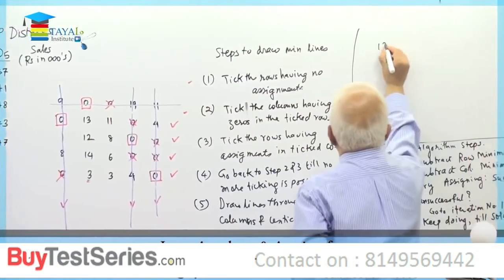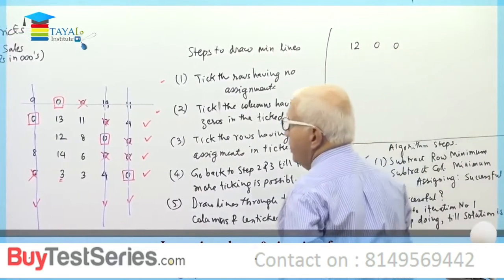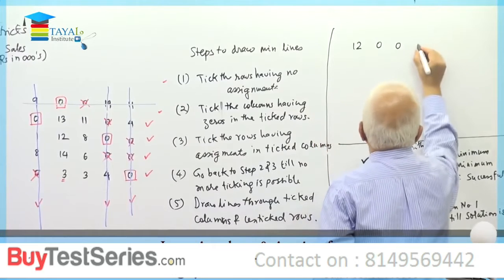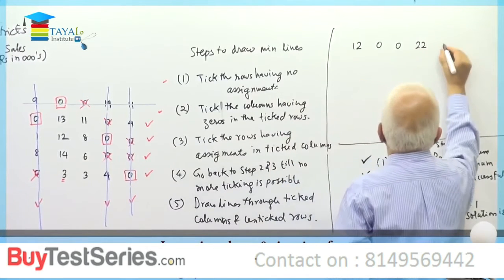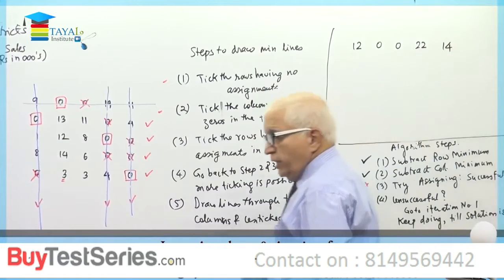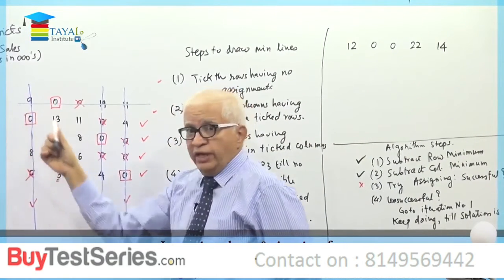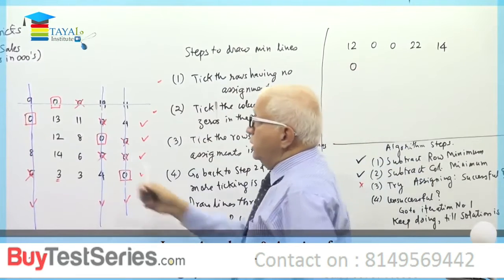9 will become 12. 0, 0, only one line is passing, so no change. 19 is an intersection, so I'll add 3. 11 is at an intersection, so I'll add 3. 11 plus 3, 14. Now I go to the second row. In the second row, the first element has only one line passing through it, so no change is called for.